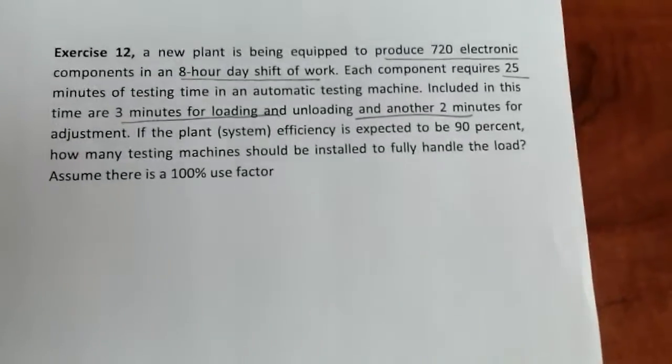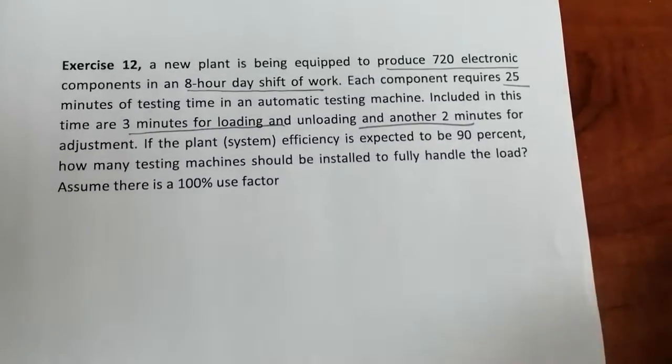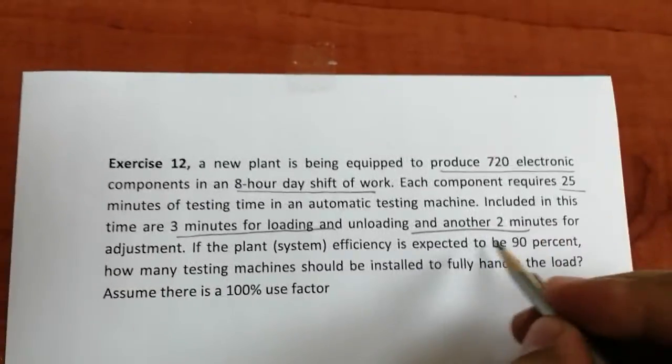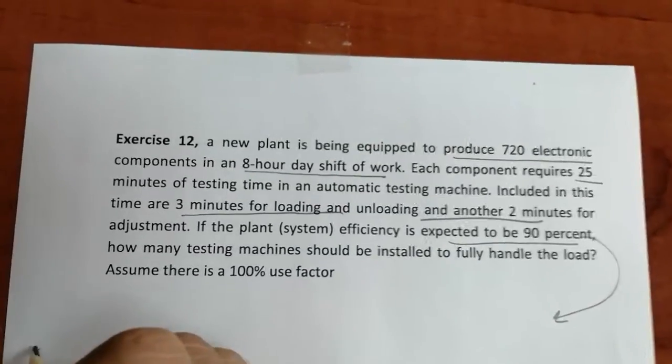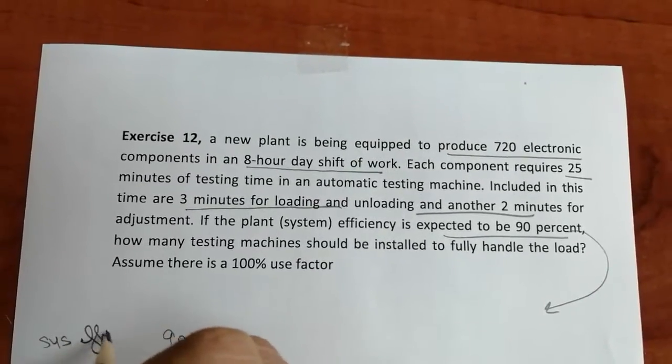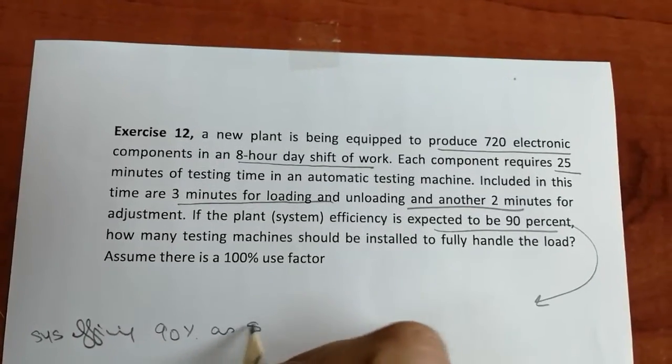System efficiency 90%, and we must produce 720 electronic components. The system efficiency, which is 90% here, is going to be considered as the scrap rate.